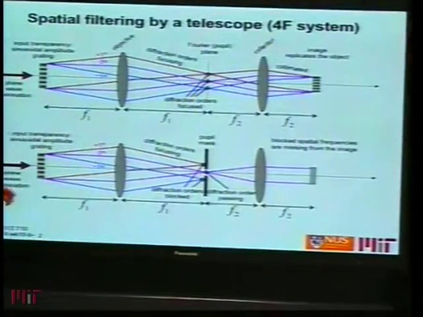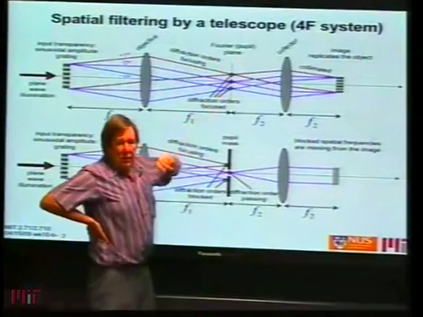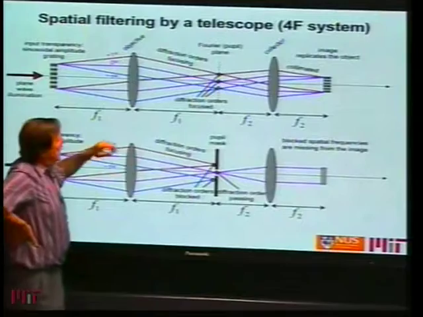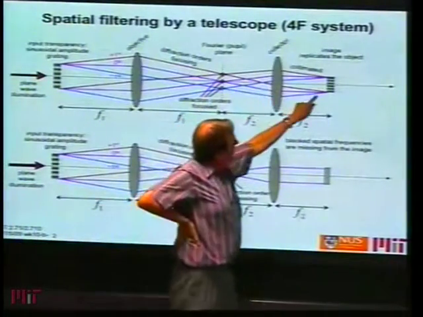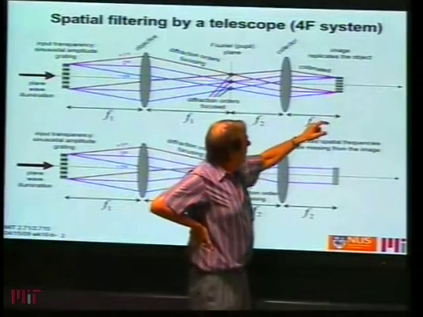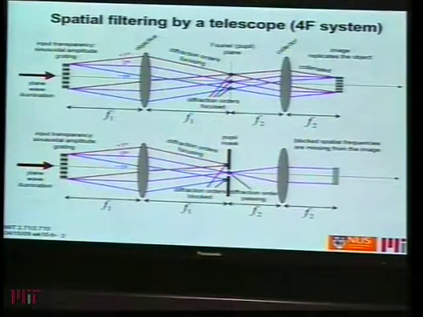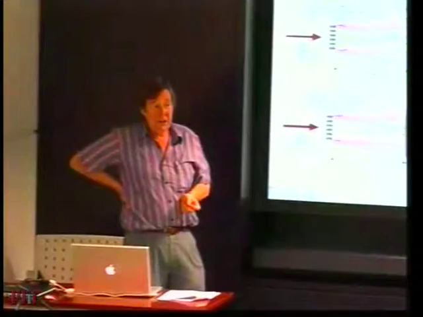And so in this back focal plane, you'll see 3 spots corresponding to the 3 orders. And then carrying on, these plane waves are converted back into a spherical wave, and you'll get an image which is back to the grating again.